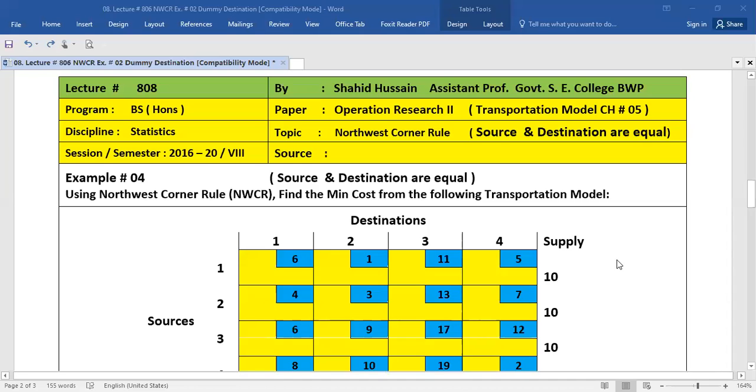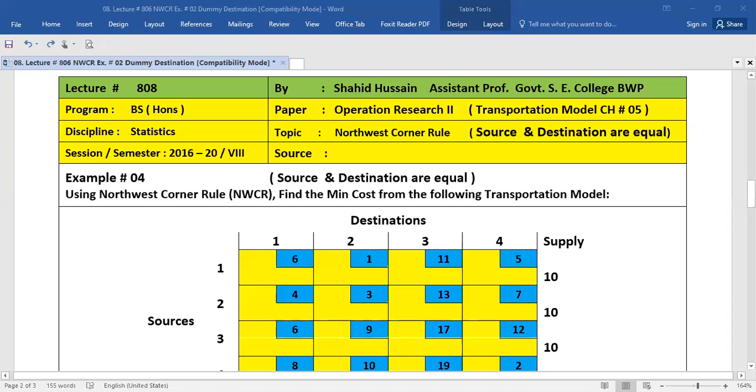Today we are going to solve example number 4 about northwest corner rule. Here the situation is that your source and destinations are equal. This is a new type of example. Example number 4.